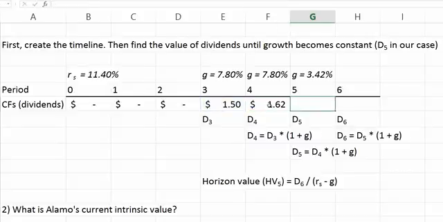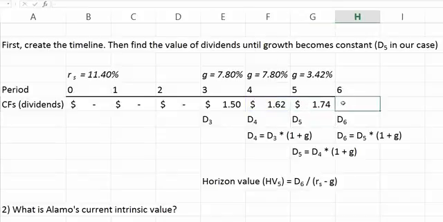Then what's D5? D5 would be D4, the prior year dividends, times 1 plus g. Which g should I use? The g was 7.8% to the first, so we just leave it, and we find D5.